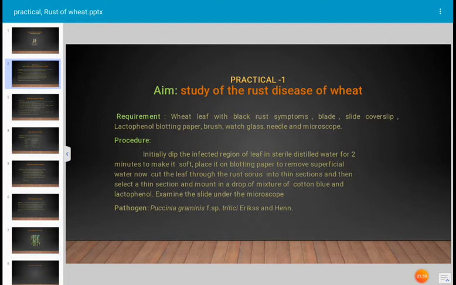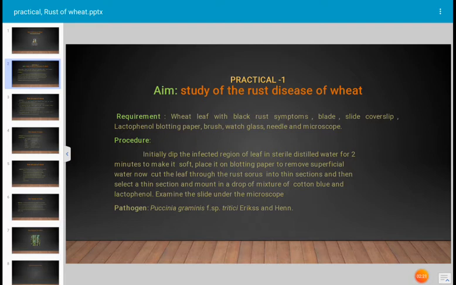Now the leaf becomes tender, that means you can take the section easily. This is the reason to dip the infected material in sterile distilled water. And through the rust sorus, sorus means a group of spores, with the help of a new blade, you can take a section in the laboratory.